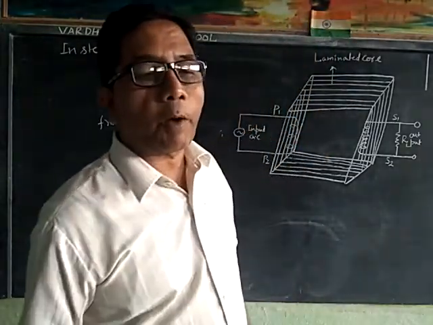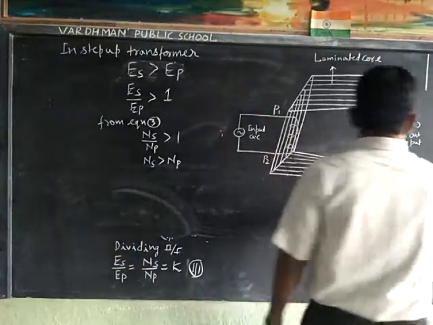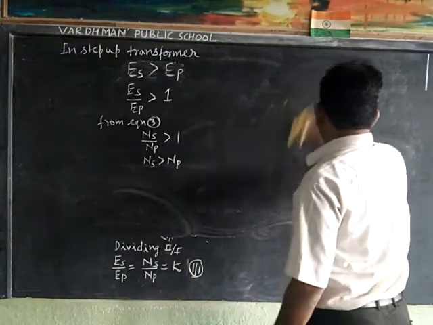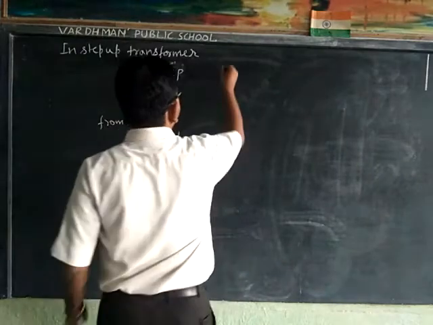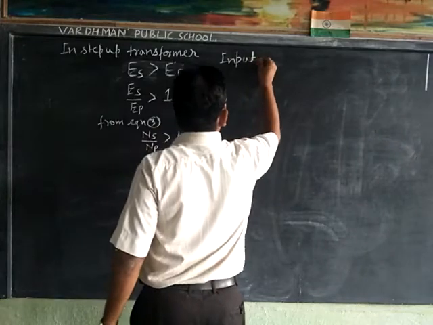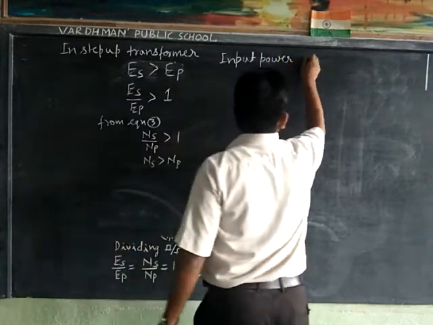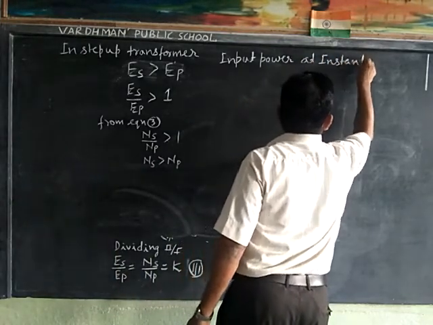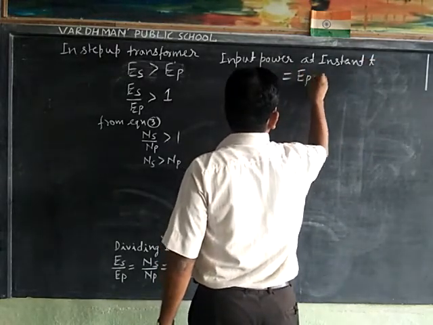Then what will be the input power at instant t? Input power P is equal to EP IP.